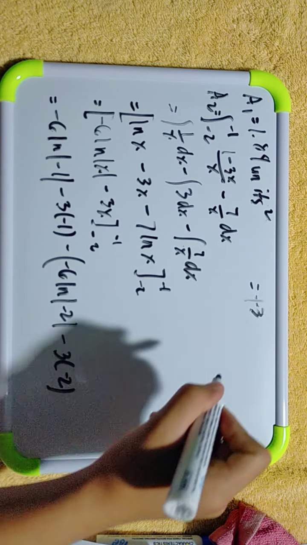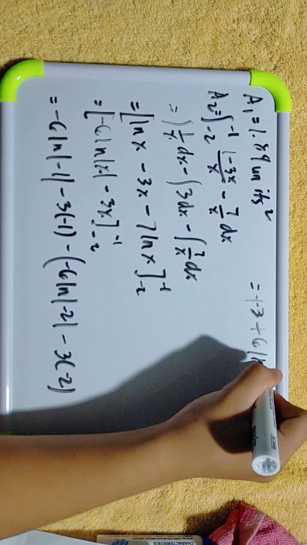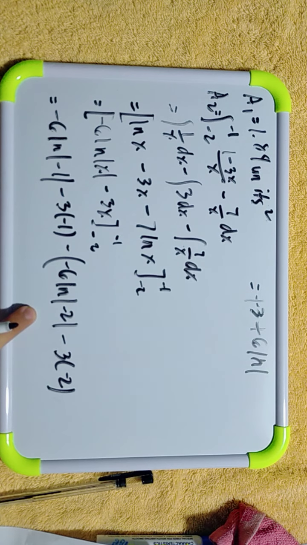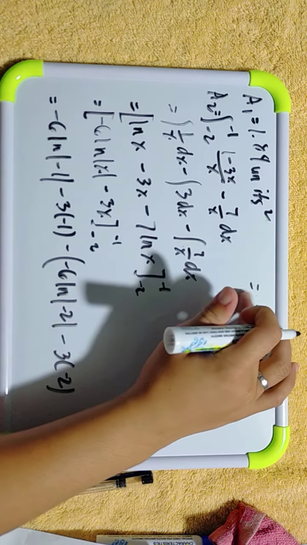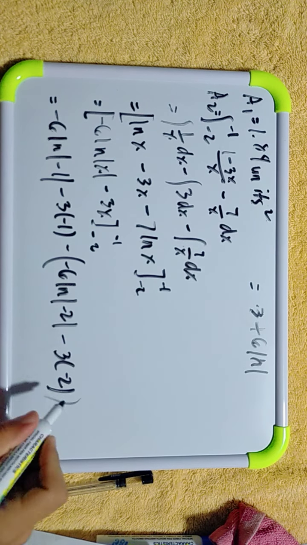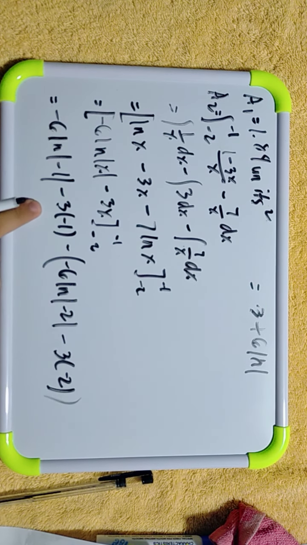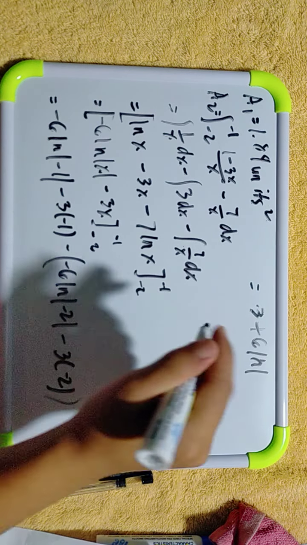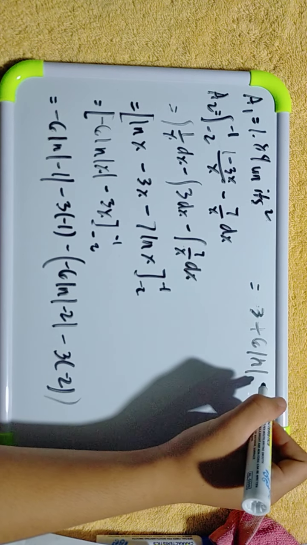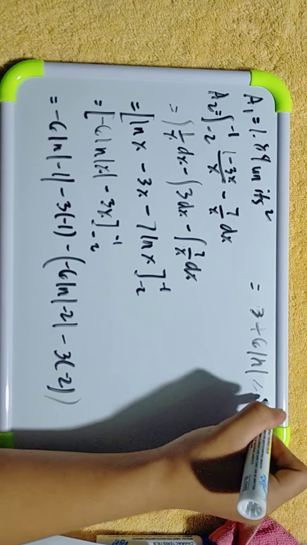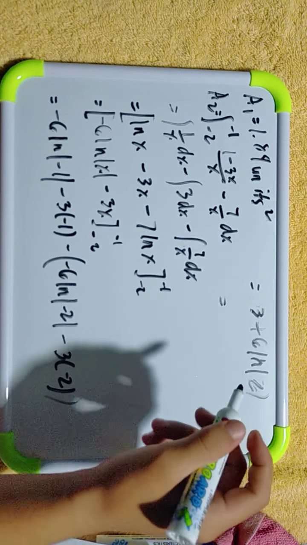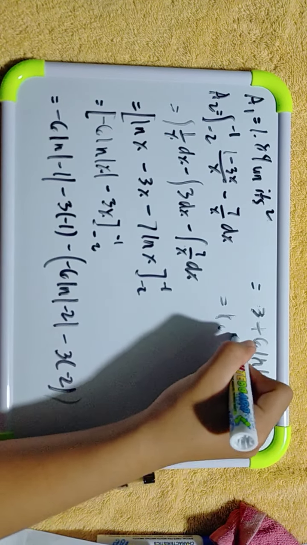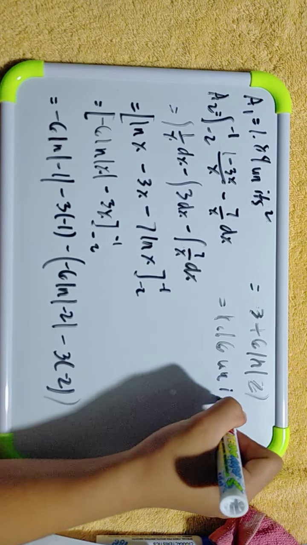Positive 3 plus 6 ln negative 2. Oo nga pala. Kasi dito part is 6. So, 6 minus 3. So, negative 3. And then, 6 ln 2. So, ang sagot naman dito is 1.16 units squared.